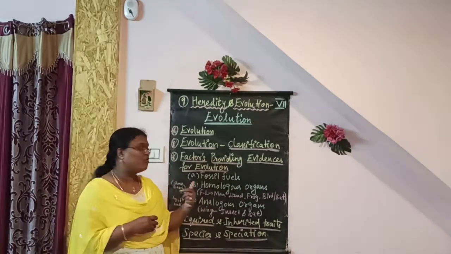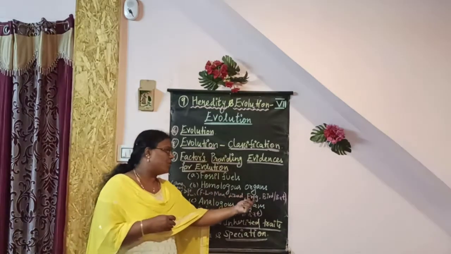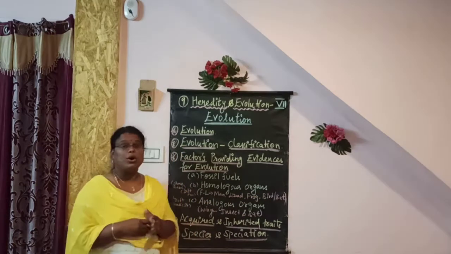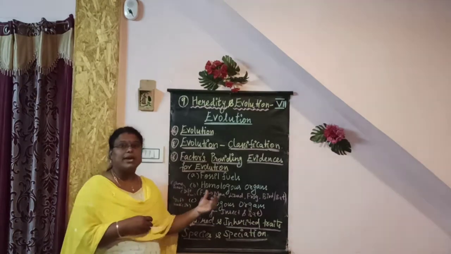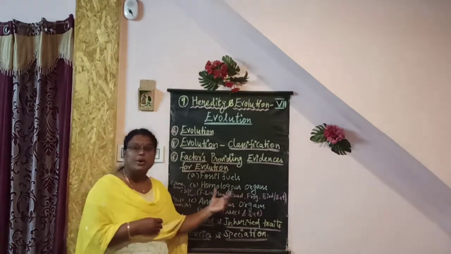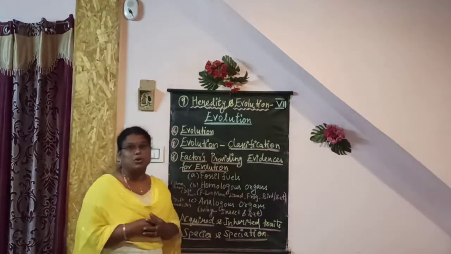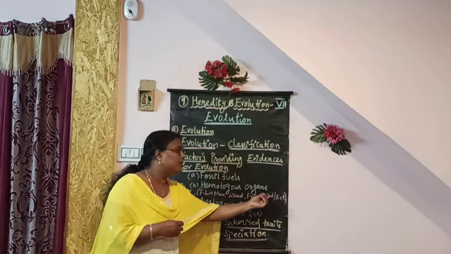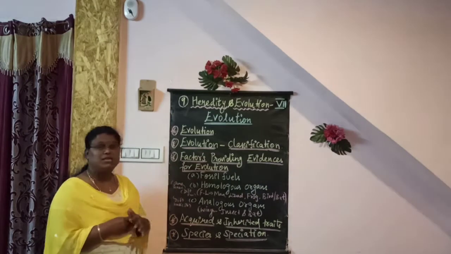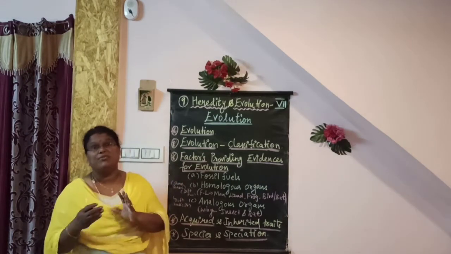Example, forelimbs of man, lizard, frog, birds and bat are homologous organs. These organs come under homologous organs, because forelimbs of man, lizard, frog, bird and bat have the same basic structure but perform different functions.